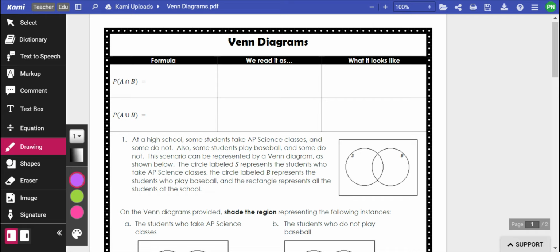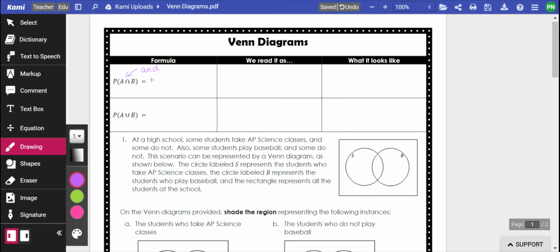So our first formula is the probability of A, and then we have this new symbol here. This is a symbol that stands for and. So we read this as, what is the probability of A and B occurring?